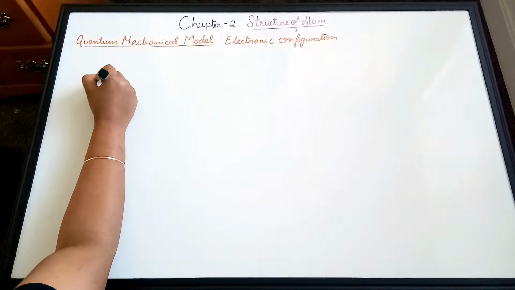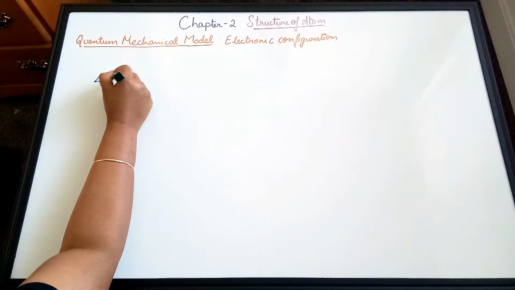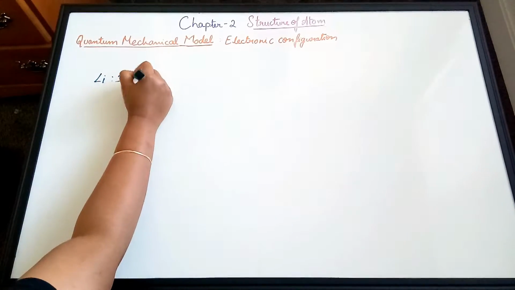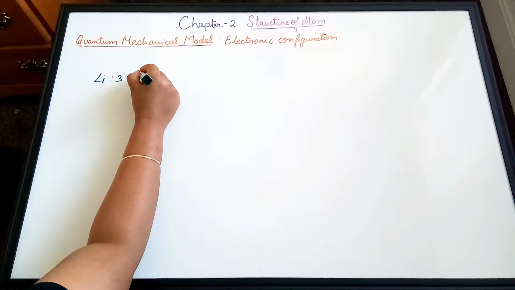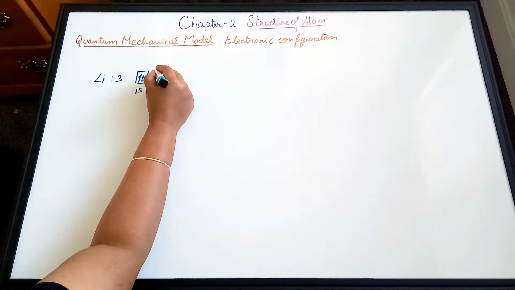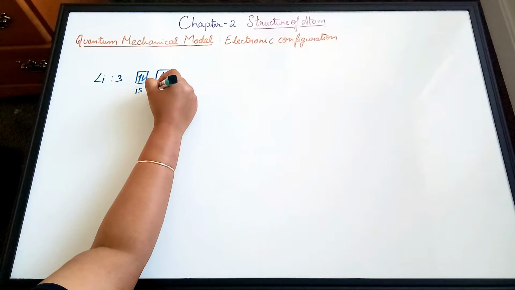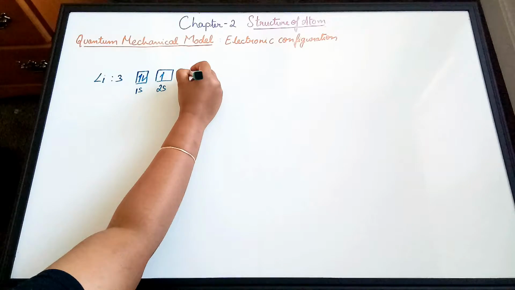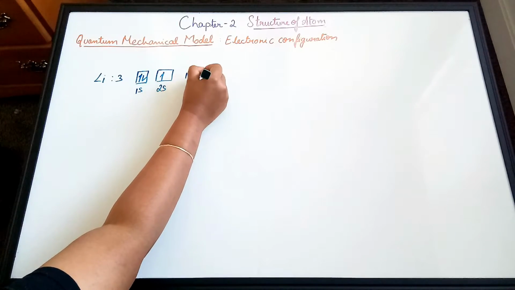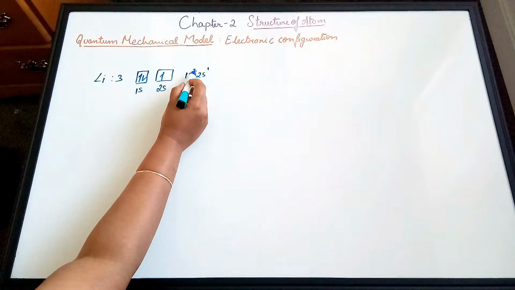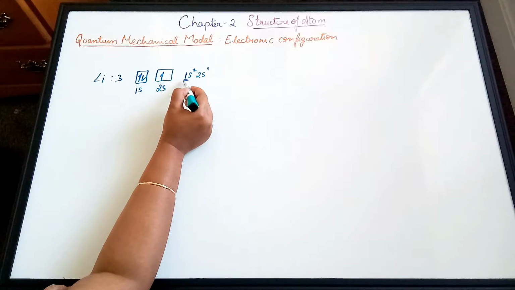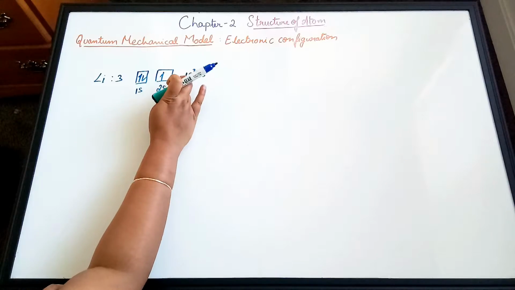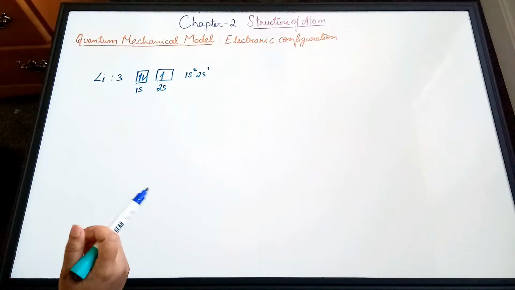Lithium has the atomic number 3, which means that its 1s shell will be full, with 2 electrons, and the 2s shell will be half full. So this can be written as 1s2 2s1, where the 2 represents the number of electrons in the orbital, and the 1 and 2 represent the principal quantum number.